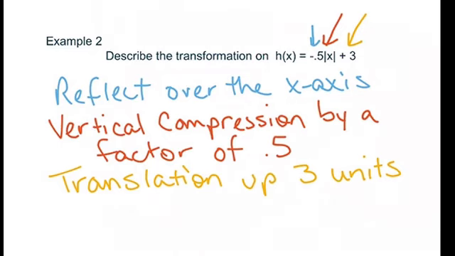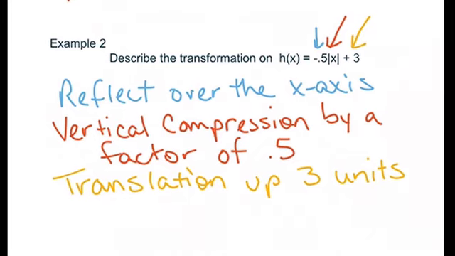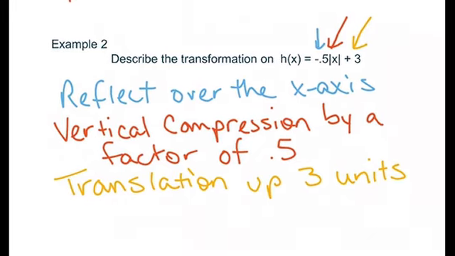You get the idea of exactly what it is that we need to be describing and how we are to describe it. So let's do another example.